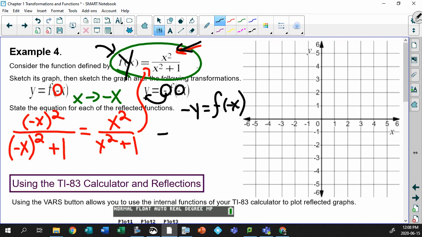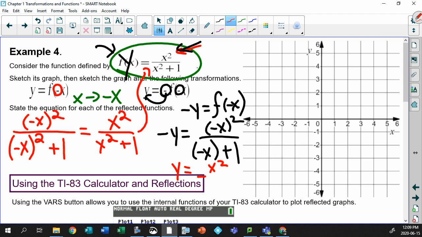So this becomes negative y equals negative x squared over negative x squared plus 1. Okay, and then I'm going to throw this together to find out that this becomes y equals x squared over, oops, I forgot the squared on the bottom here. Whoa, just about had to redo this podcast.